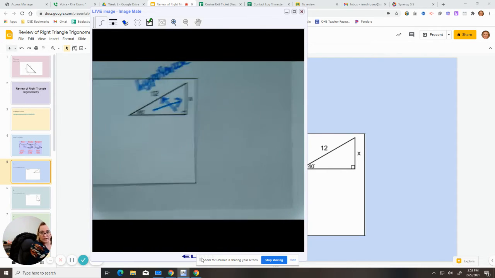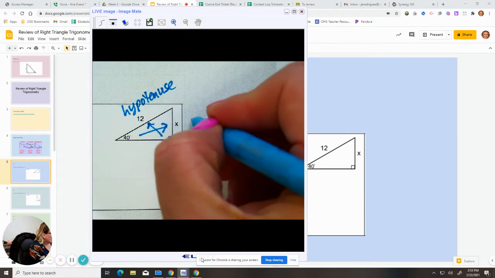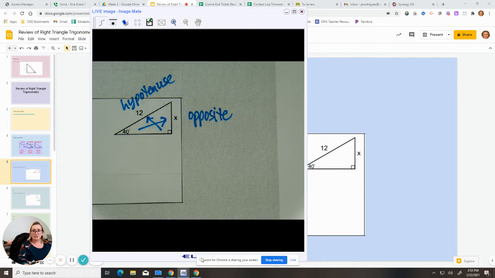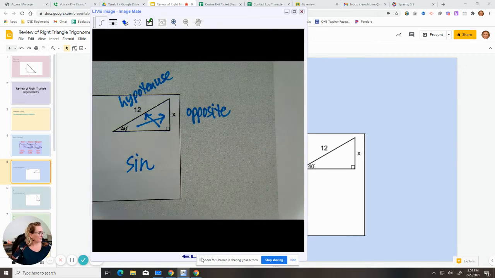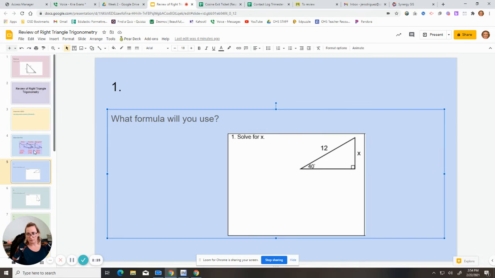That's always directly across from the 90-degree angle. And one of them is an opposite. So the only formula that we have that is opposite and hypotenuse is sine. So sine is what we would use for this triangle.